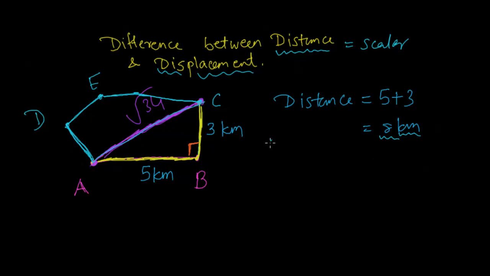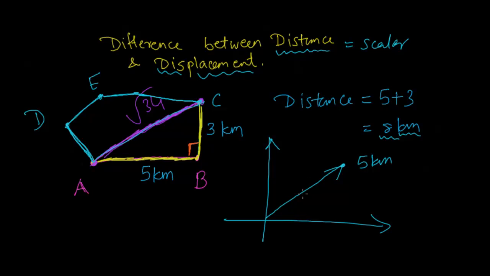So consider this Cartesian coordinate system, and there is some object that's moving in this direction. And it's covering a distance of 5 kilometer at some angle of 30 degree with respect to the horizontal x-axis. If we say that the object has moved 5 kilometer, then what we mean is distance.